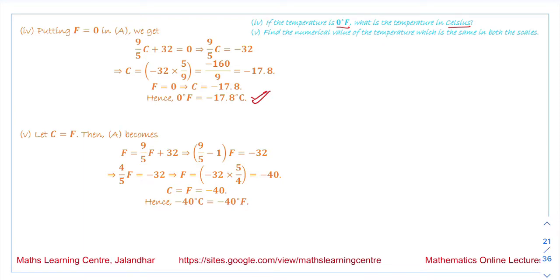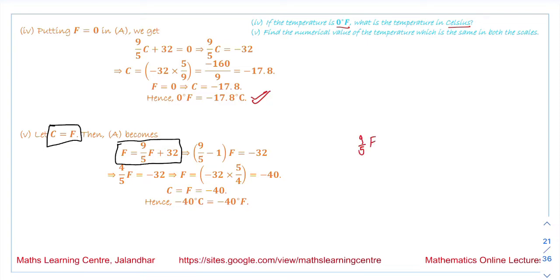Next is, find the numerical value of temperature which is the same in both the scales. We are saying we have to find that value when the temperature on the degree Celsius scale and Fahrenheit scale are the same. So what it means is, we are talking about when C is equal to F. So we put C is equal to F in this equation, and we get F is equal to 9/5 F plus 32.